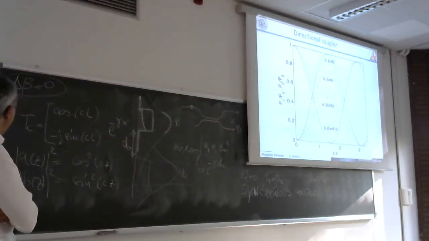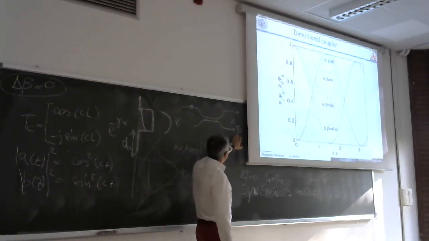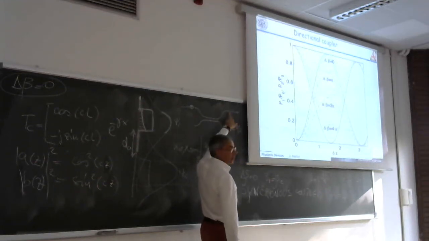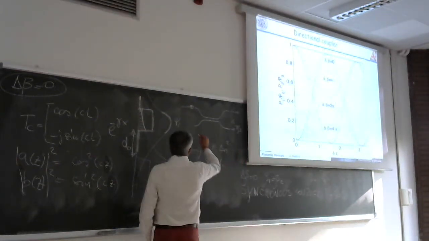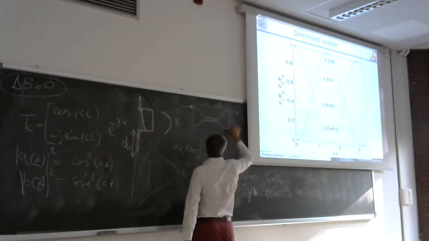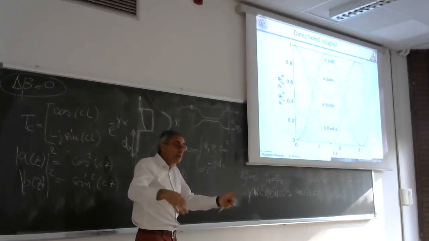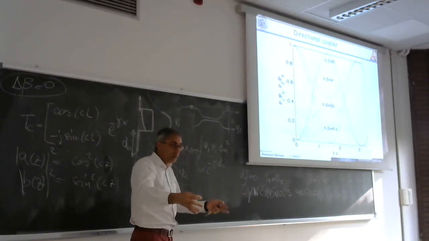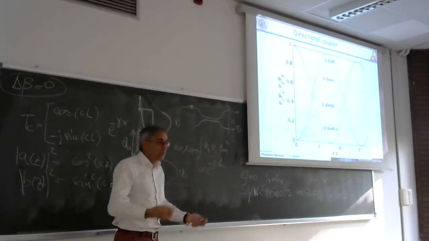No. This is the phase difference between this output and this output. The phase accumulated from the input to the output depends on the total length, depends on the beta, I agree with you. That one is 0. But this is the number that we are not interested in.